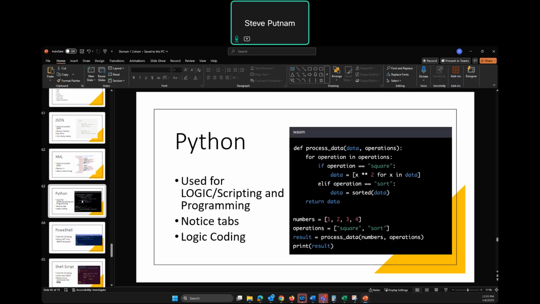Python is used for logic scripting and programming, notice tabs, logic coding, all of those things. And again, seeing a Python script executed that is outside your normal library of applications, or on a specific user or server, is a really good indicator of compromise.